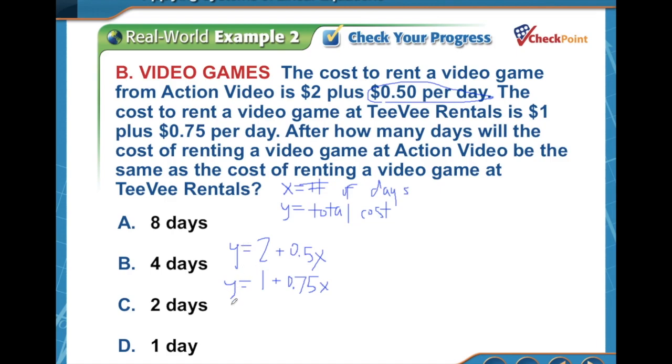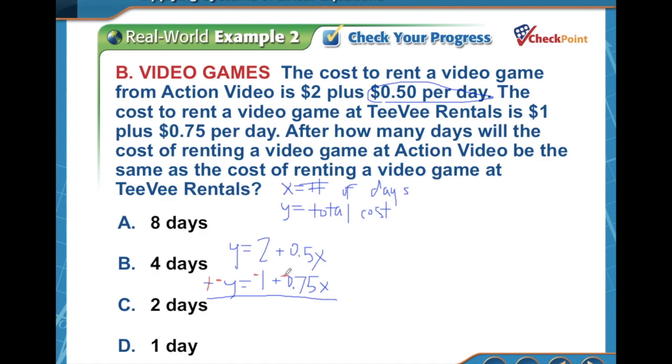So we see we have a y and a y, so we could eliminate these by subtracting. If we were to subtract one from the other, the y's would disappear. But remember, I told you, you always want to do addition if you can. So instead of subtracting, we're going to do a little trickery here. We're going to change this to a plus sign. So we're going to add, but then we're going to change the sign of each term, because this is doing the same thing as subtracting.